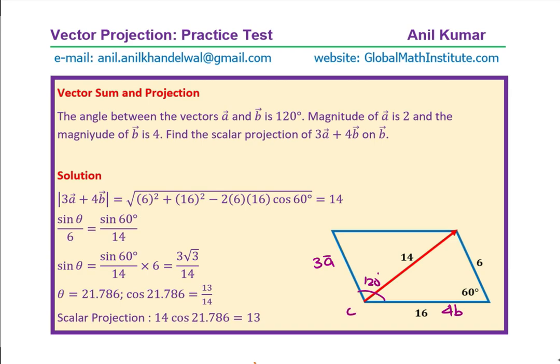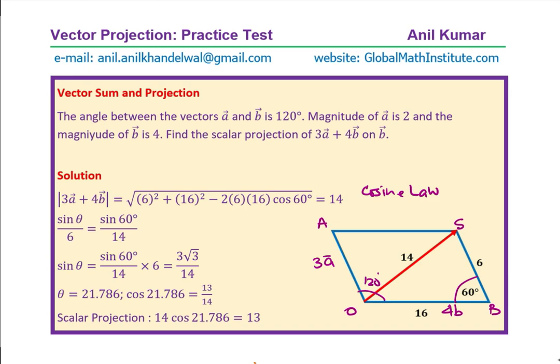So the sum was OS, this was A and this is B. We calculated this using the cosine law, right? So that is the cosine law, to find OS when the angle is 60 degrees and the two sides given to us are 6 and 16.